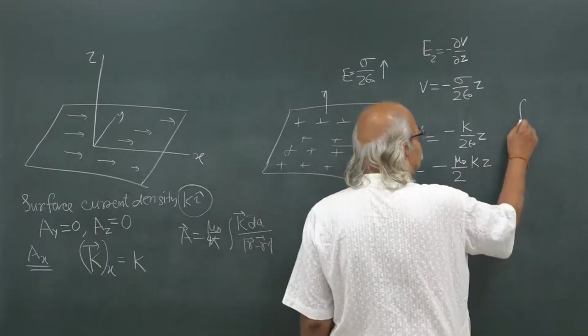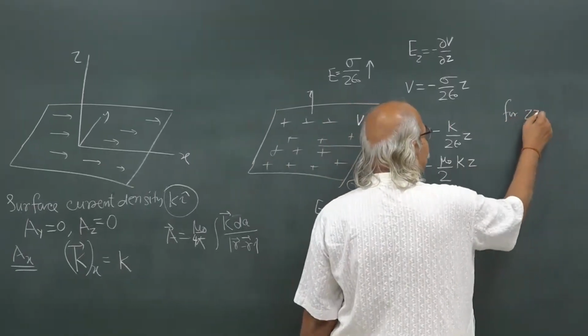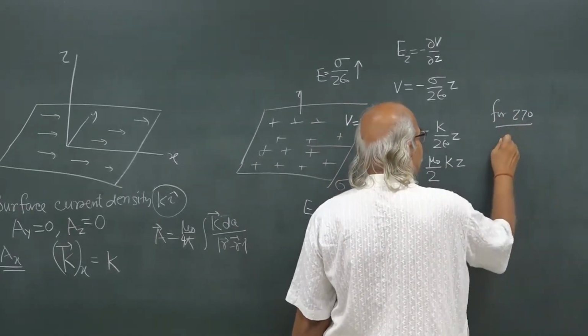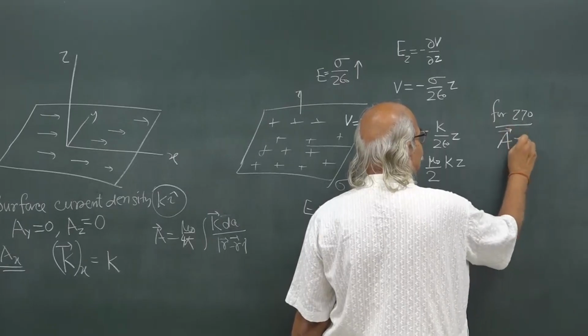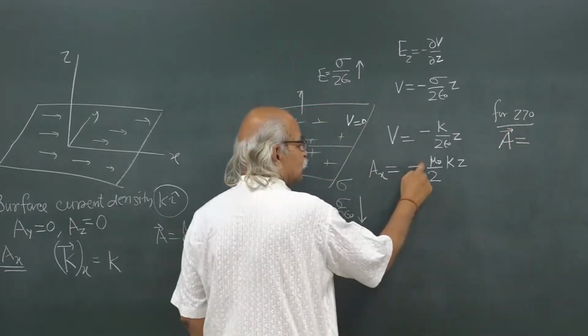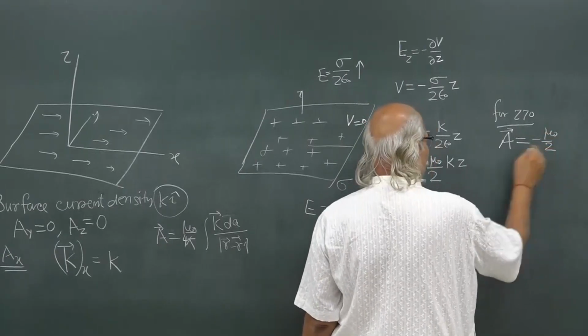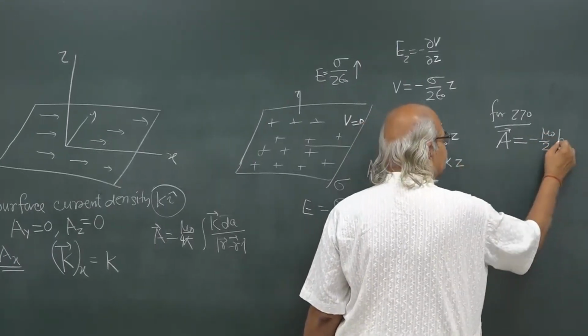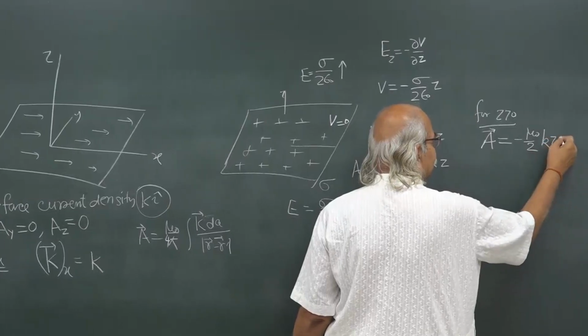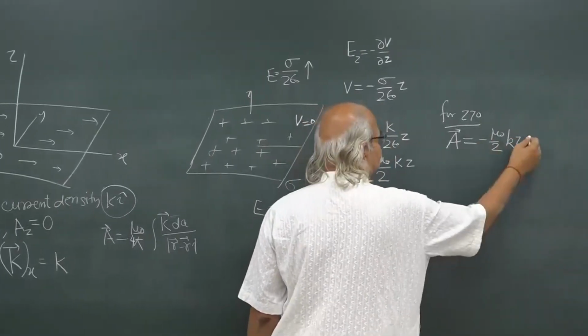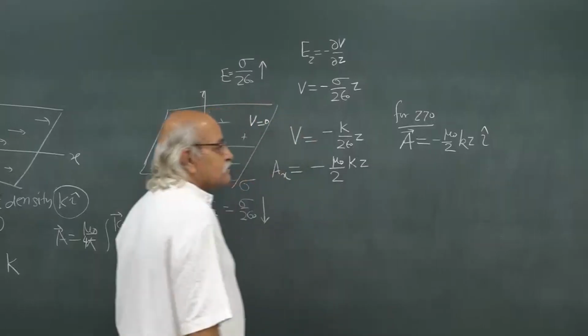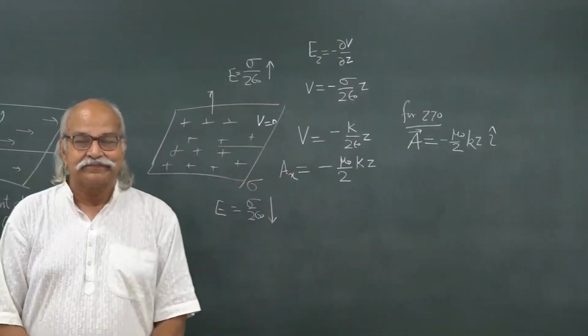So, for z greater than 0, we have the expression A is equal to minus mu naught by 2 times k z, in the x direction. So, this is I cap, this is I cap.